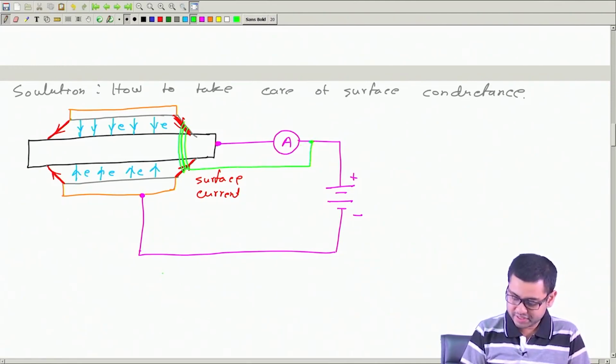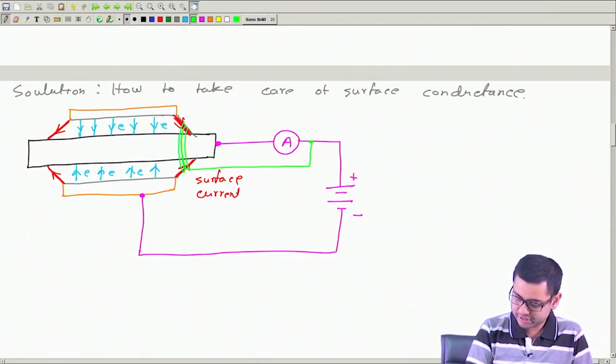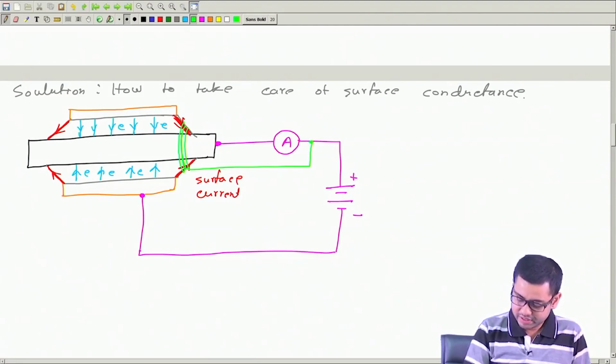So now what happens? Say the electrons or current which is flowing from here come up to this, and then it has two paths, one through the volume, another through the surface. So the part that goes through this volume will come to the central core and then has to go through this violet colored conductor, through this ammeter, and return. Okay.